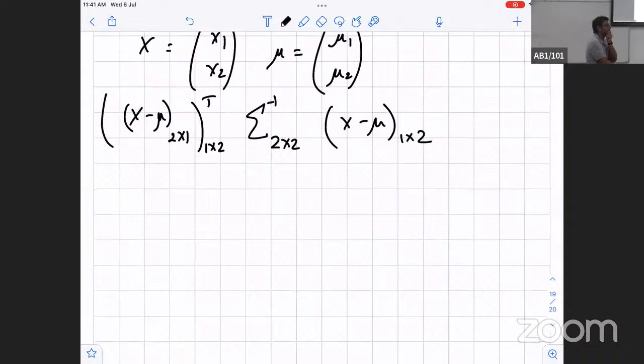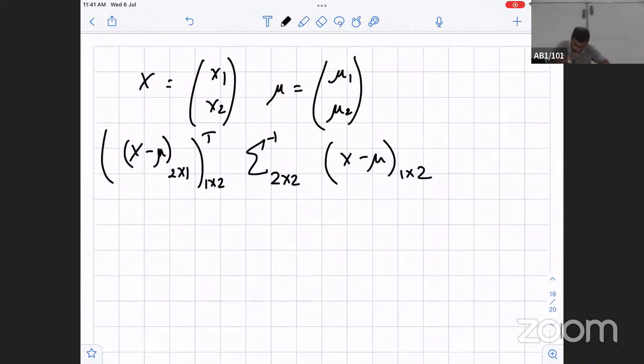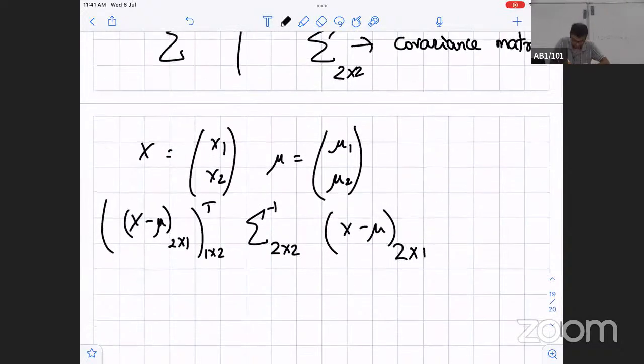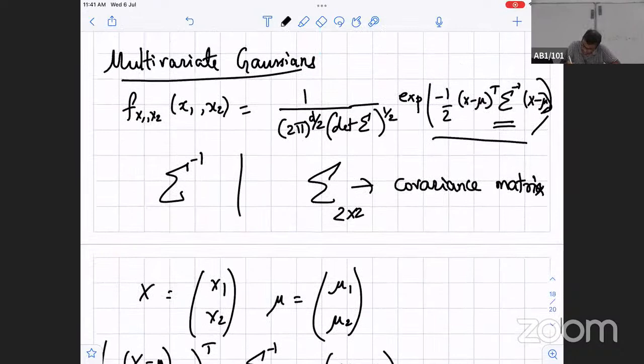It's just matrix multiplication: 1 cross 2 times 2 cross 2 times 2 cross 1. What is it going to be? 1 cross 1. So it's a single number.